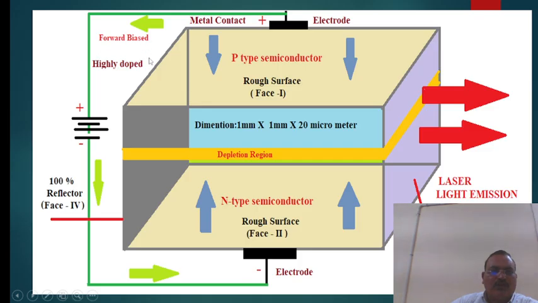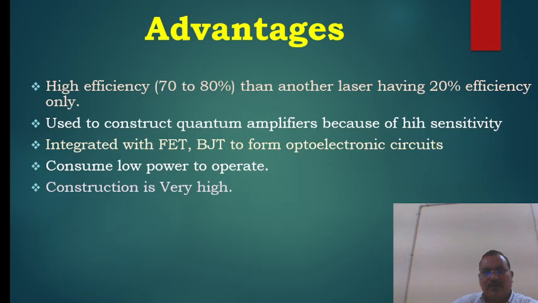High doping is used to make these injection lasers. So what is the advantage? This type of laser is highly efficient compared to other types: 70 to 80% efficiency, whereas other lasers have only 20% efficiency.